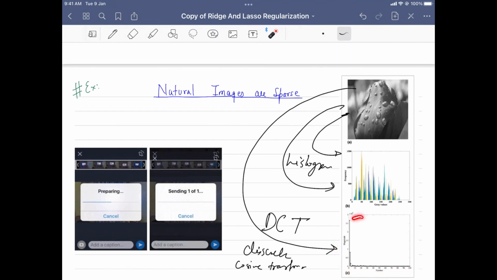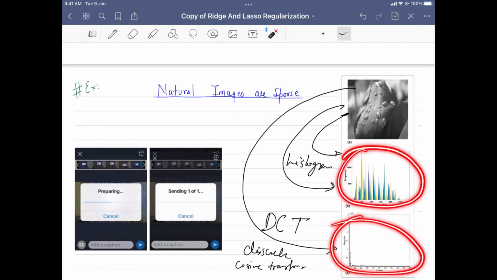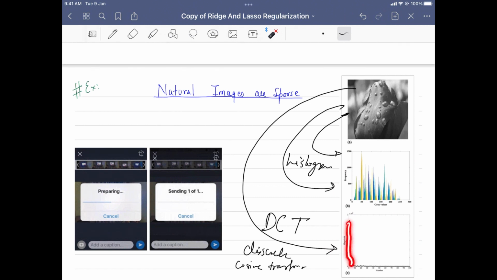From this curve, what you observe is that only a few components are 1, and all the rest of them are 0, once you take the discrete cosine transform. So that is what is exciting, that you can convert this image into the discrete cosine transform, where very few of the components will be 1 and the rest of them will all be 0. So these are basically sparse components.